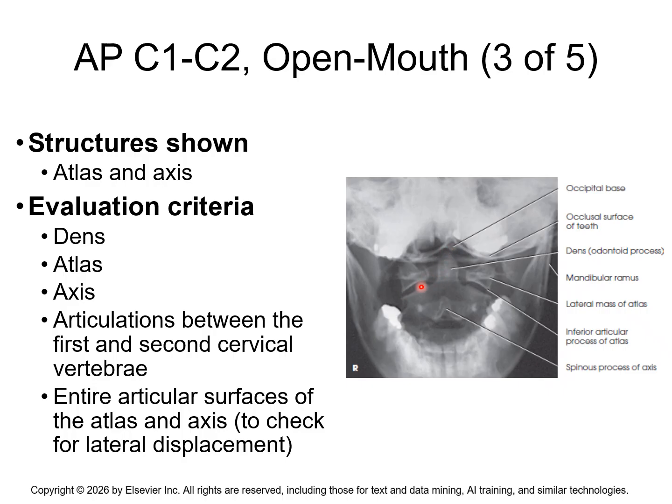I'm looking for equal and open joint spaces on both sides between C1 and C2, and then the lateral masses, which is essentially the thickest part of that C1 vertebra. So no vertebral body in C1, as I mentioned before, but you do have lateral masses.